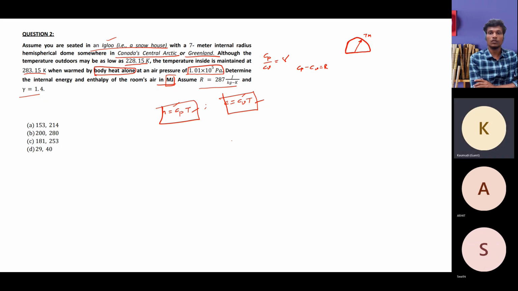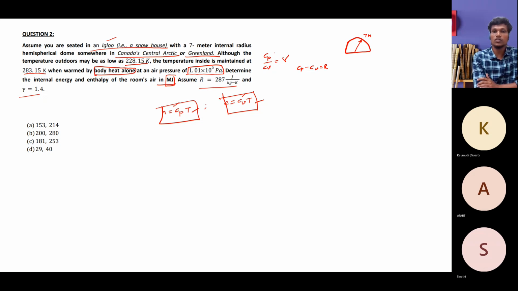These are the standard equations we learned in basic thermodynamics. If you substitute equation 1 and equation 2 into each other, you will get Cp equals gamma R by gamma minus 1, and Cv equals R by gamma minus 1.